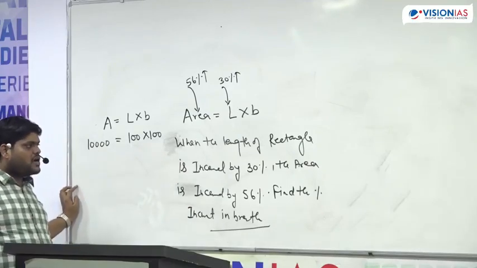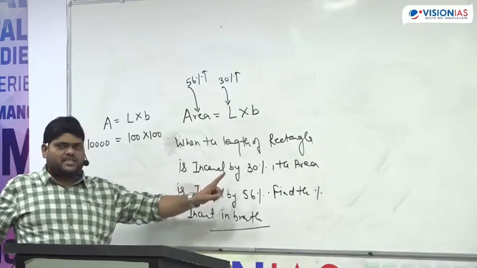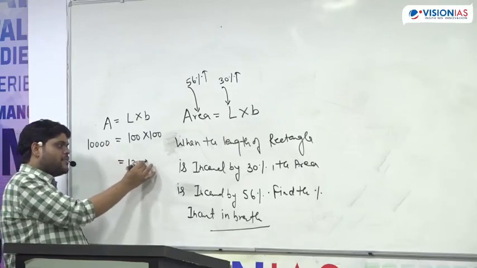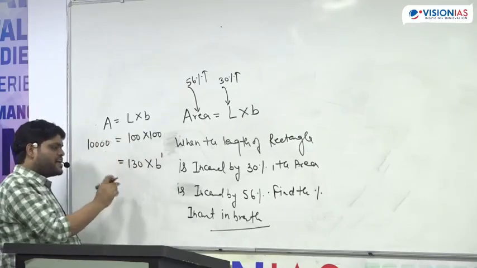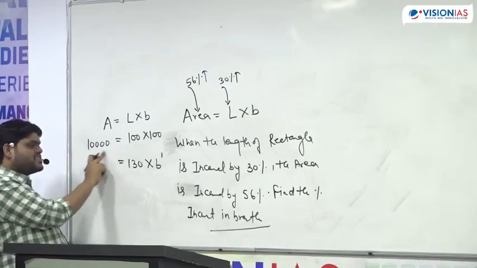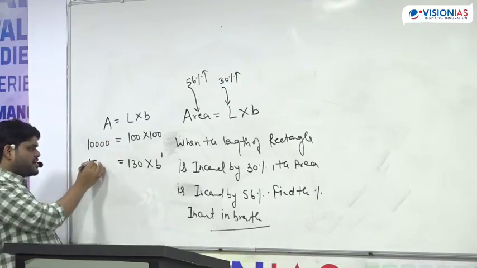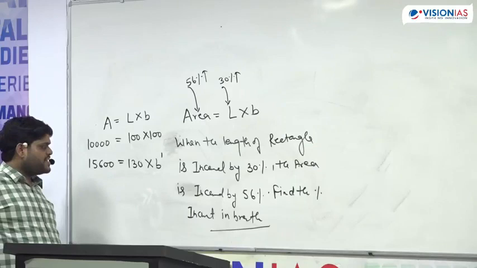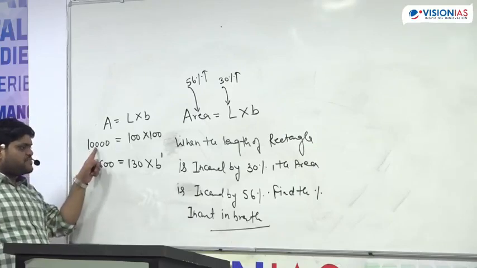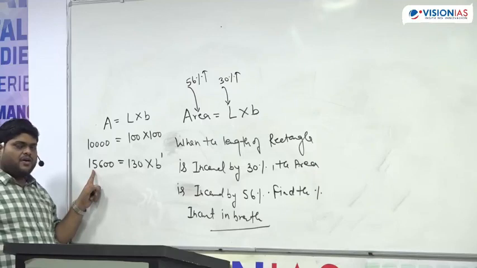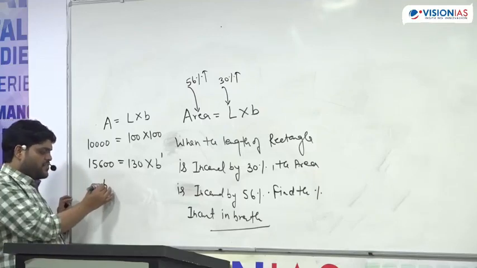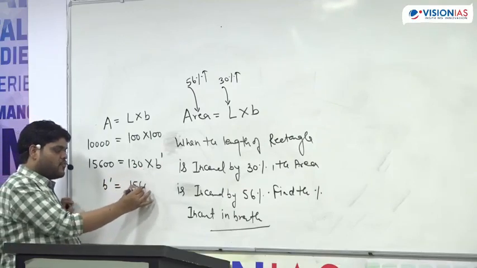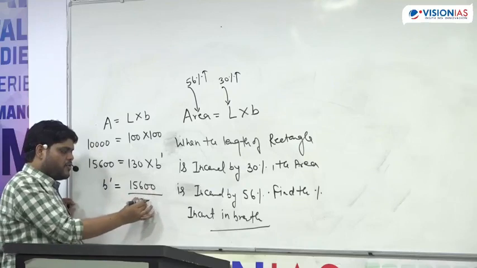Now what is the question? When the length is increased by 30%, length becomes 130, and we have to find the breadth, and now the area is increased by 56%. So 56% increased on 10,000 becomes 15,600. From here we can solve the breadth: 15600 upon 130.